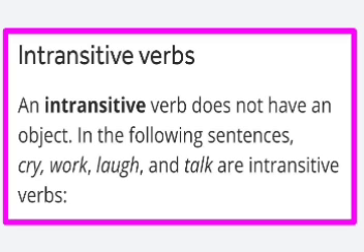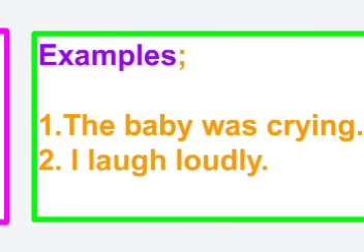In the case of intransitive verbs, there is no receiver of the action, so no object is required. For example: cry, work, laugh, talk. With these verbs there is no object required. We will understand with the help of examples.